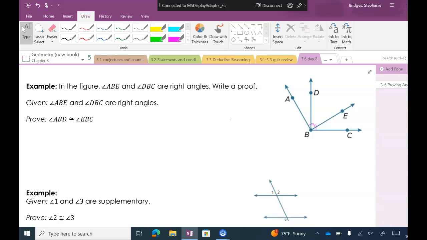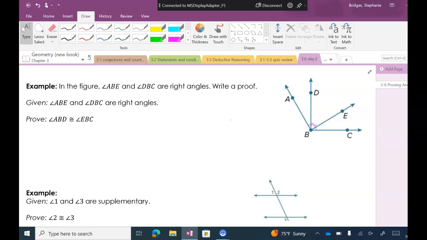Let me put this back now. Now I want to pretend like this is not here. What can you tell me about DBC? What is it made up of? Yes.